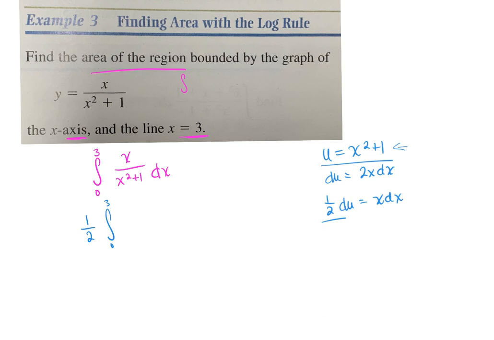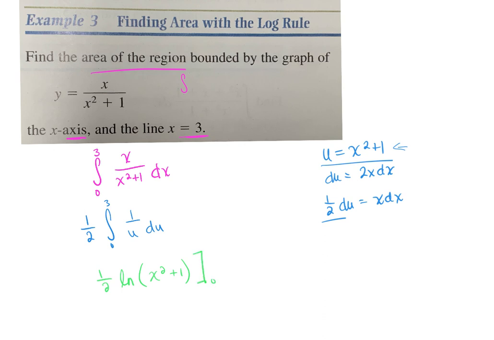This is now just going to be 1 over u du, right? And then you can see that you would have 1/2 natural log of, and we're going to say x squared plus 1, my u. Why don't I need absolute value there? Well, x squared is always positive, right? Plus 1 to any positive number is going to be positive. So you don't even really need your absolute values there.